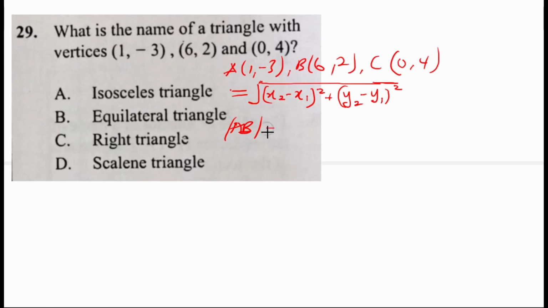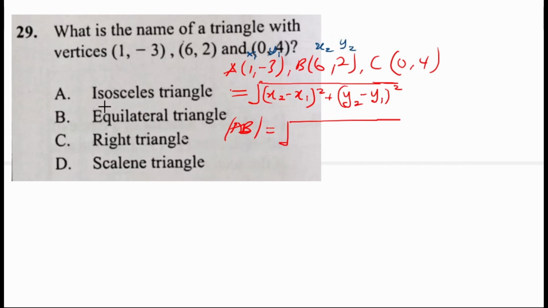So the magnitude of the line joining A and B will be the square root of... To avoid any confusion, let me label the point and call this one x1, y1, and then x2, y2. Right.